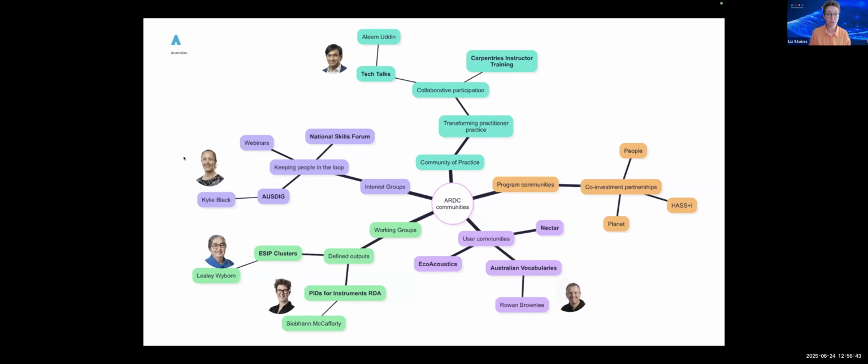We have supported communities. So sometimes we offer strategic or operational support while another organisation does the leading. That might be, for example, the Research Software Engineers Association of Australia and New Zealand.